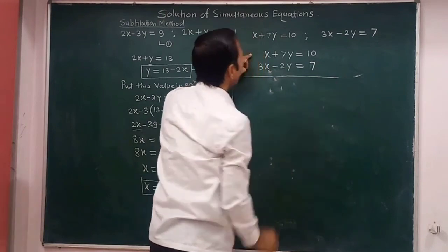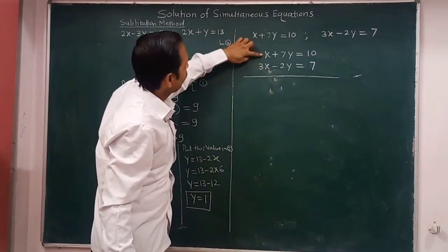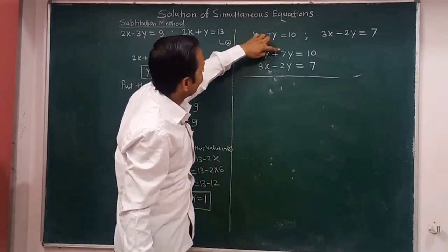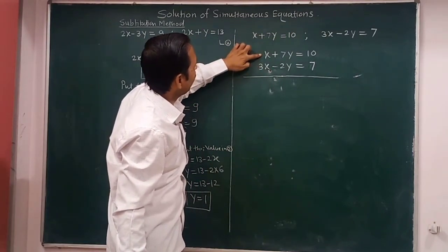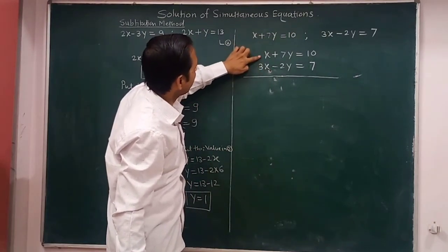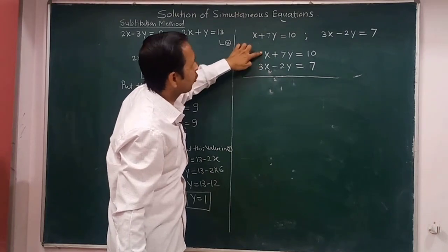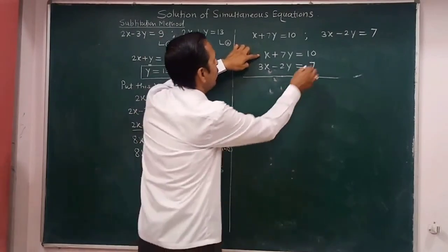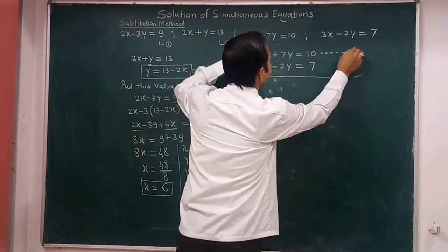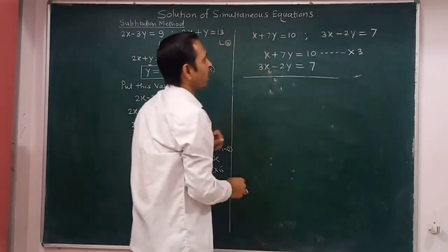Now if you observe this, when we multiply equation 1 by 3, then 3x will occur, and that's why the coefficients of the variable x are again the same, so multiply this equation by 3.